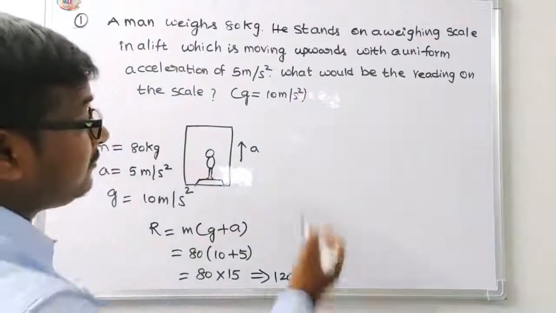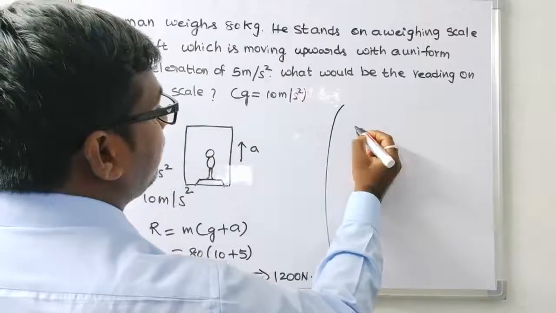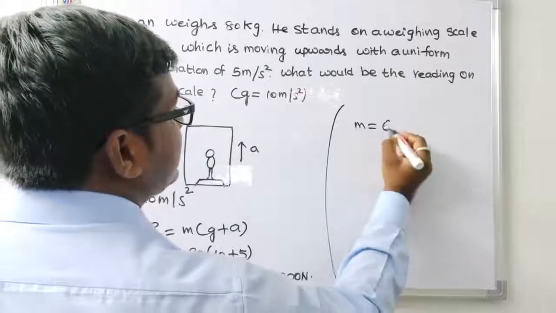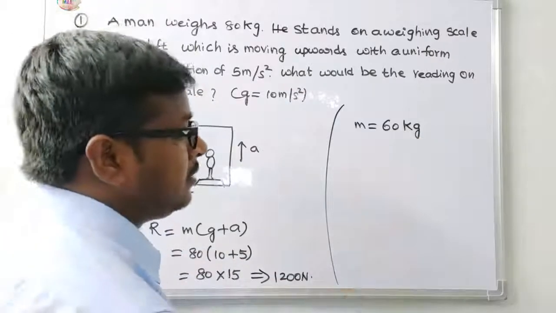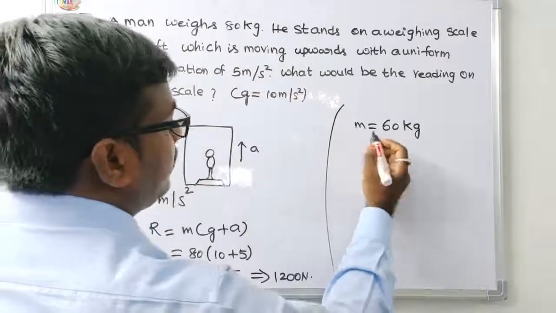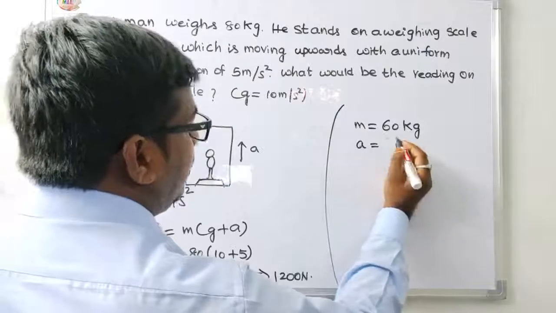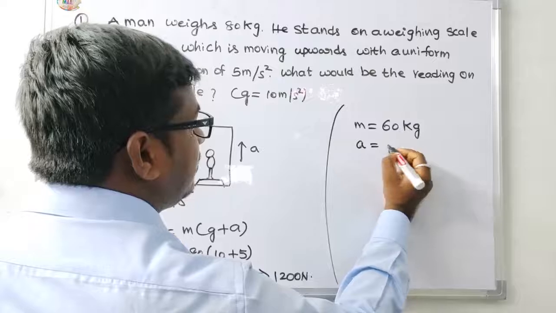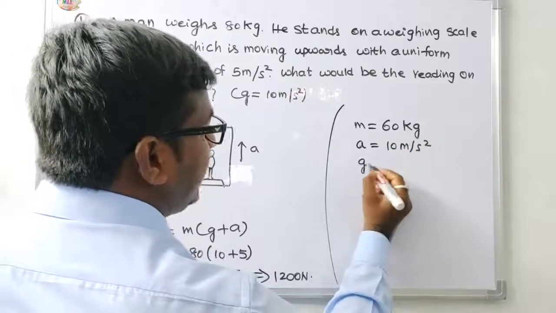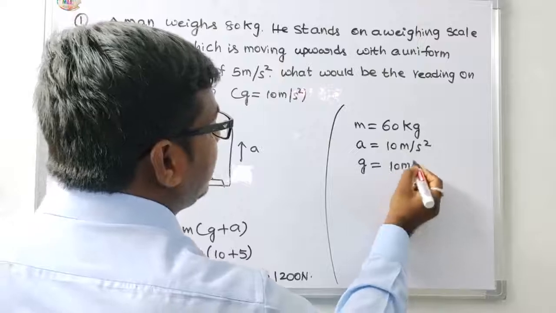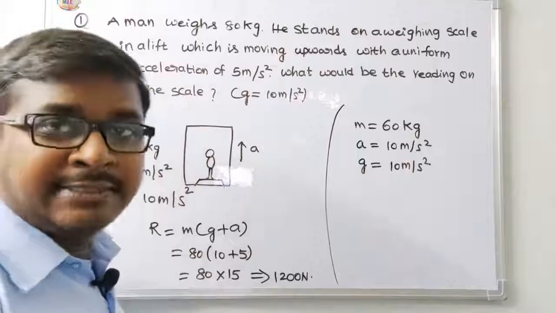For example, in another condition, if the mass m is equal to 60 kg, accelerating upward with acceleration 10 meter per second square, and take g is equal to 10 meter per second square, then find out what would be the reading on the scale.